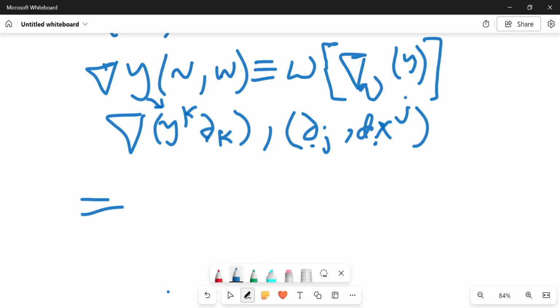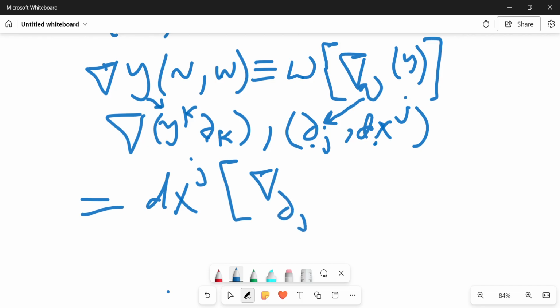It is equal to w, which is dx^j, applied to the derivative of y in the direction of v, which is d_j. Del d_j of y. Should be clear now.